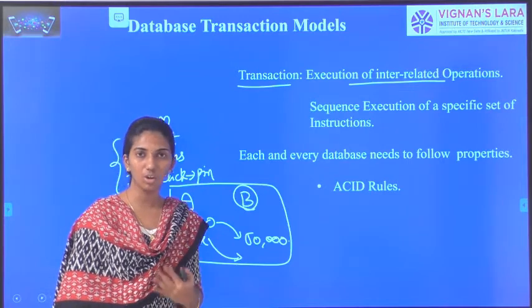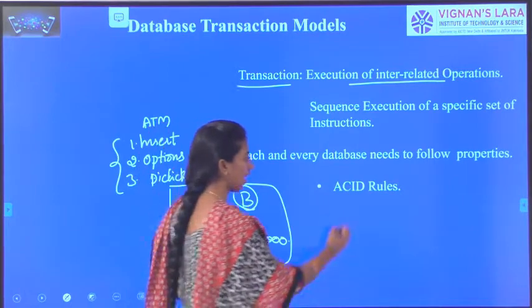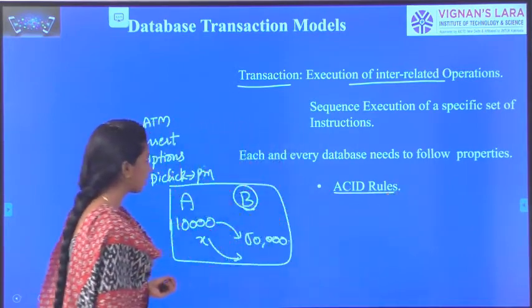Okay. So in order to work on this database, it needs to follow certain properties. Those are called the ACID rules. So what are the ACID rules that are present here?